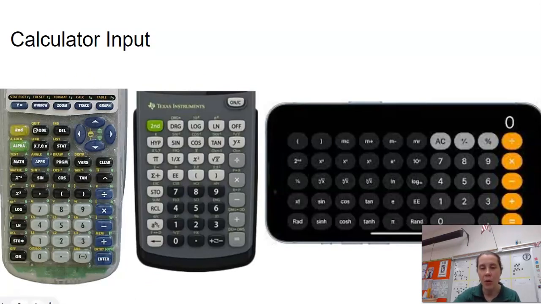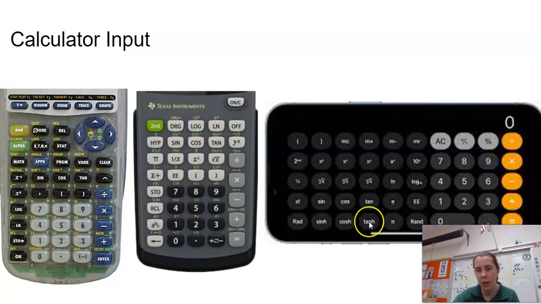So how do we put this in our calculator? This is a little tedious, and you can just skip forward to the part that applies to your calculator, but generally they fall into 3 categories. They're either a graphing calculator, this is a TI-83, but other graphing calculators will be similar. This is a scientific calculator from Texas Instruments, like the ones that I have in the classroom, the TI-30XAs, I think it is.